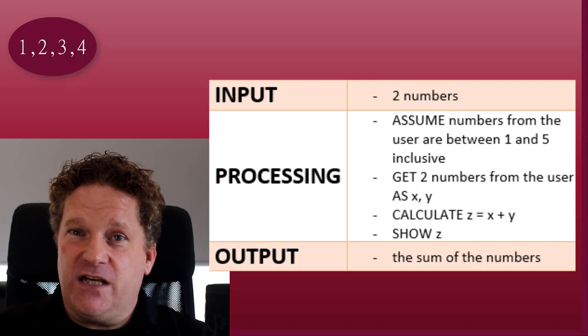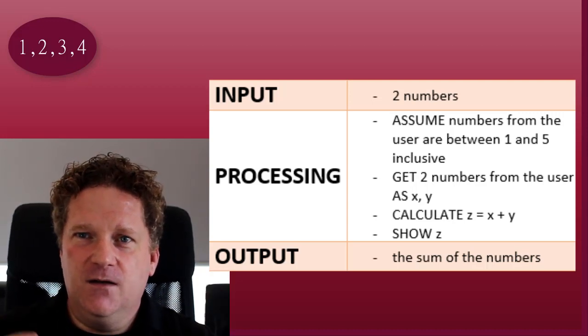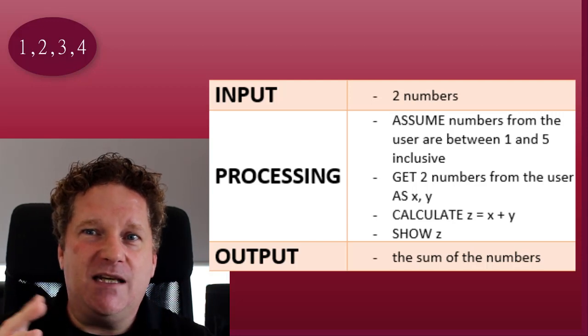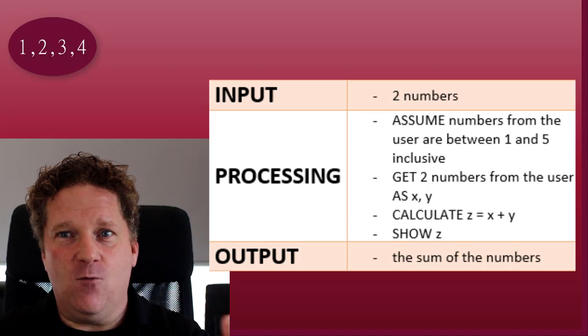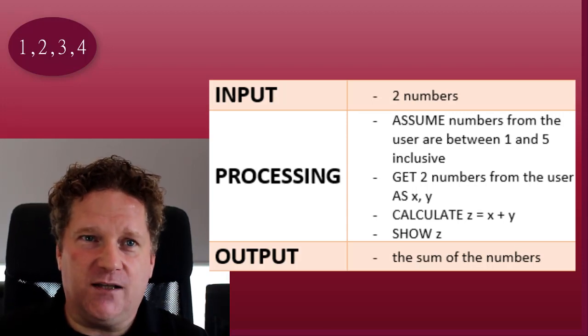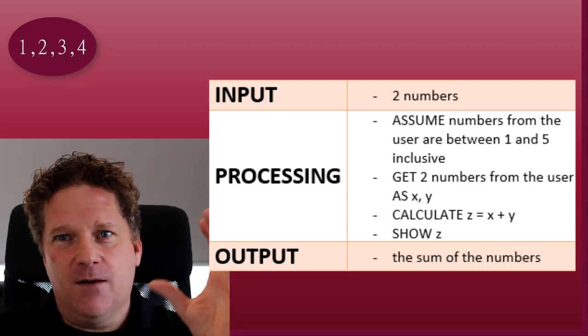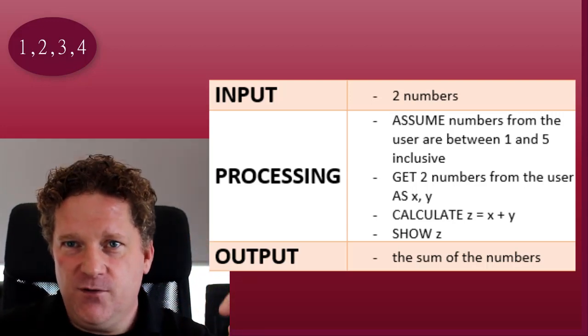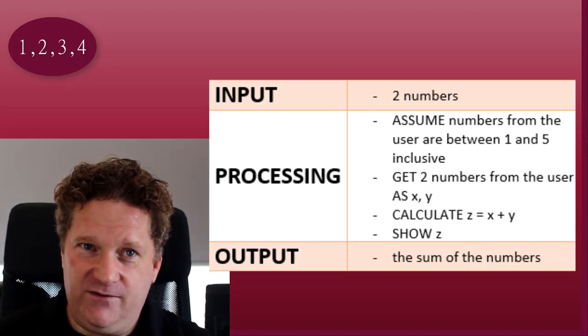But this notation uses square brackets to mean inclusive and round brackets to mean exclusive. So if I write down something like square bracket 1 comma 5 round bracket, this means give me the numbers including 1, 2, 3, 4, up to but not including 5.